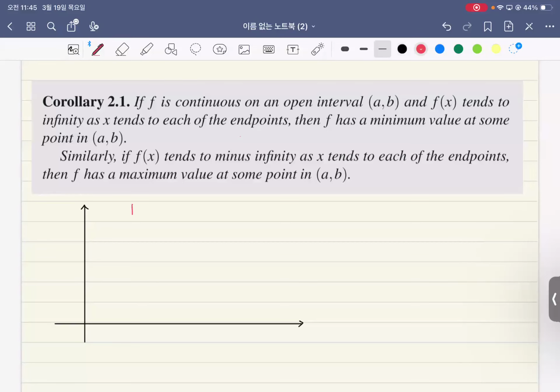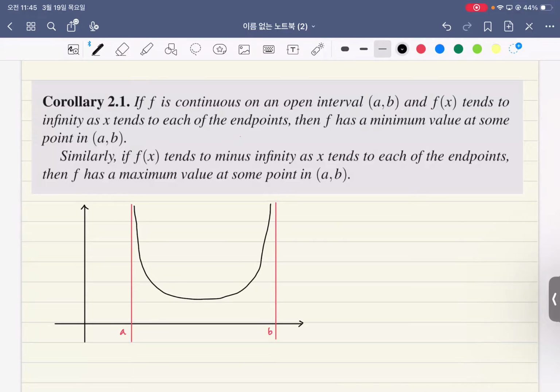So it looks like I have two vertical asymptotes. This is a and this is b. No, I messed up. So this is going to be the picture.